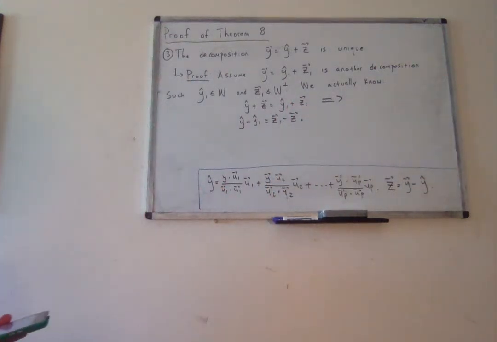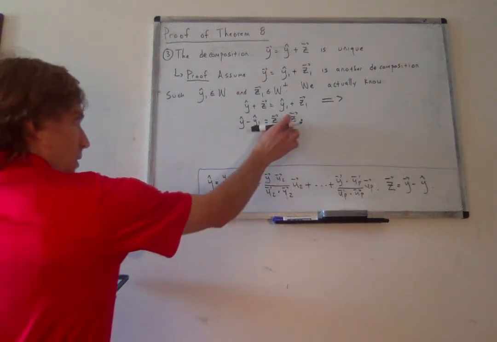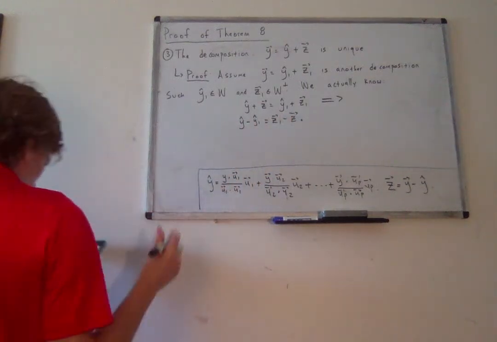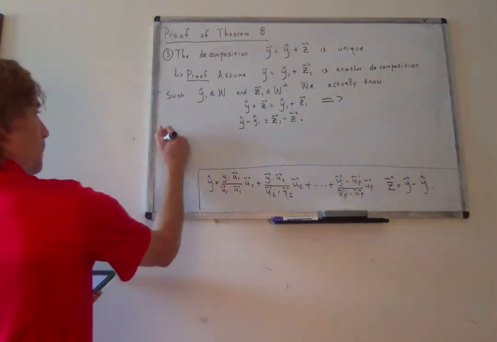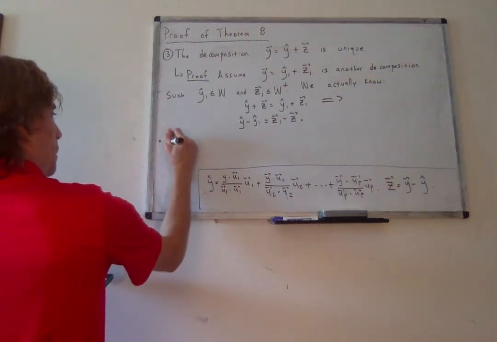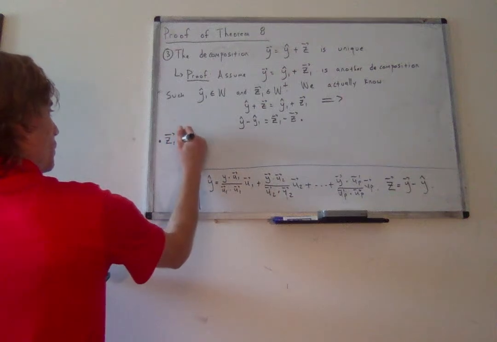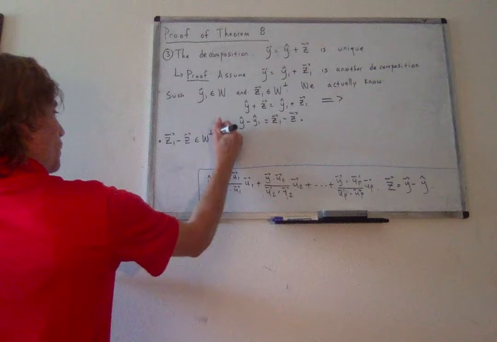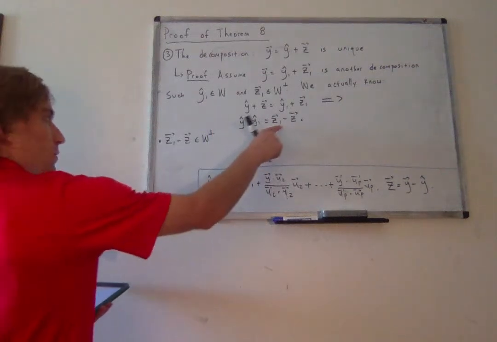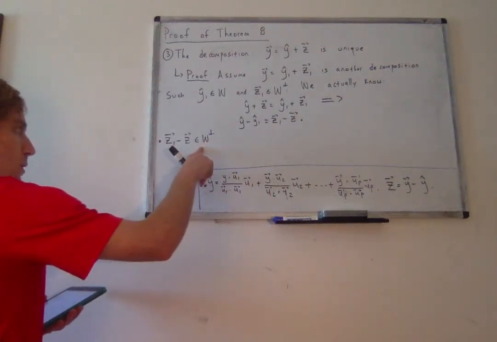So why does that help me? Well, notice that z1 minus z is in W perp. Right? Because both of these vectors are in W perp, and W perp is a subspace.